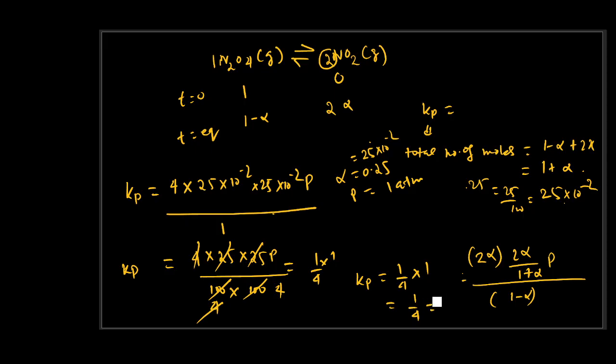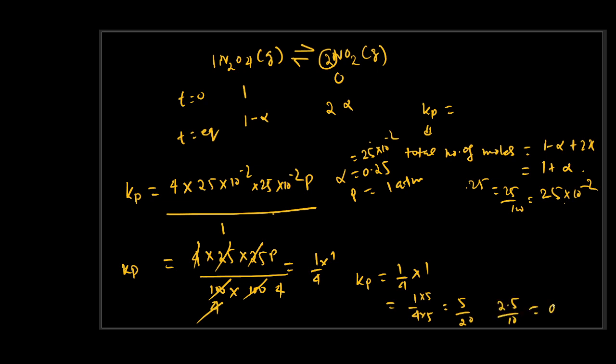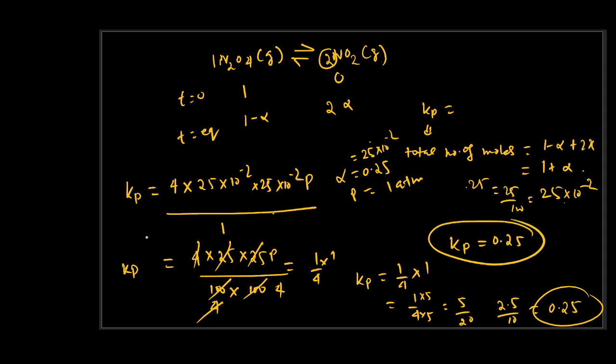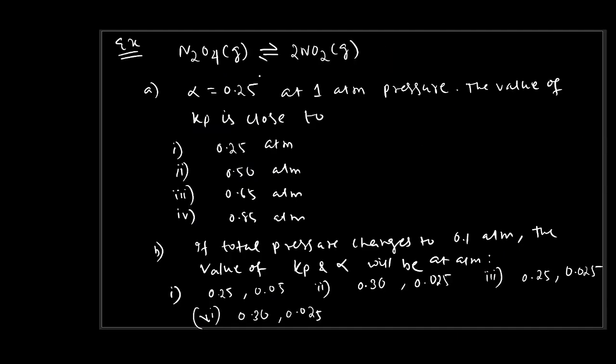If you do that, multiplied by 5, then this will be 5 by 20, and 2 divided by 5, that is 2.5 by 10, that is 0.25. So Kp is equal to 0.25. So Kp is close to 0.25 atm.